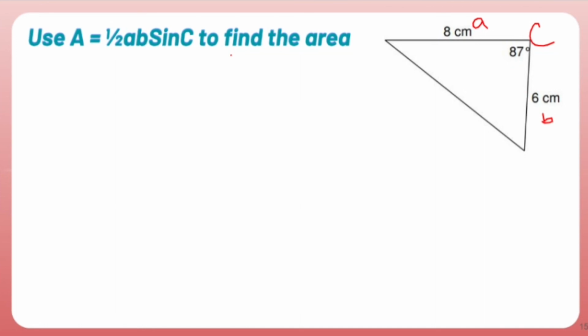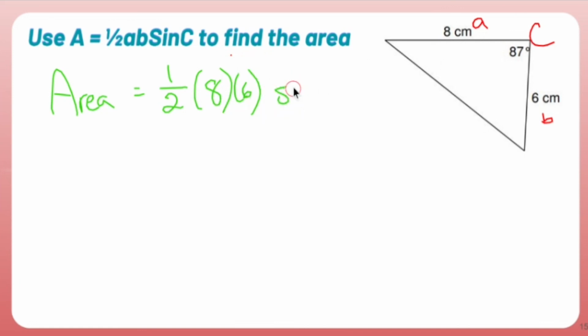The area, and I'm not going to use A for area because I don't want it to look like the A that I just had written out. So area is going to equal 1/2 of a, which I called 8, b, which I called 6. It doesn't matter which one is your little a and little b because you're just multiplying anyway. Sine 87. So I'm literally just going to type this whole thing straight into my calculator.